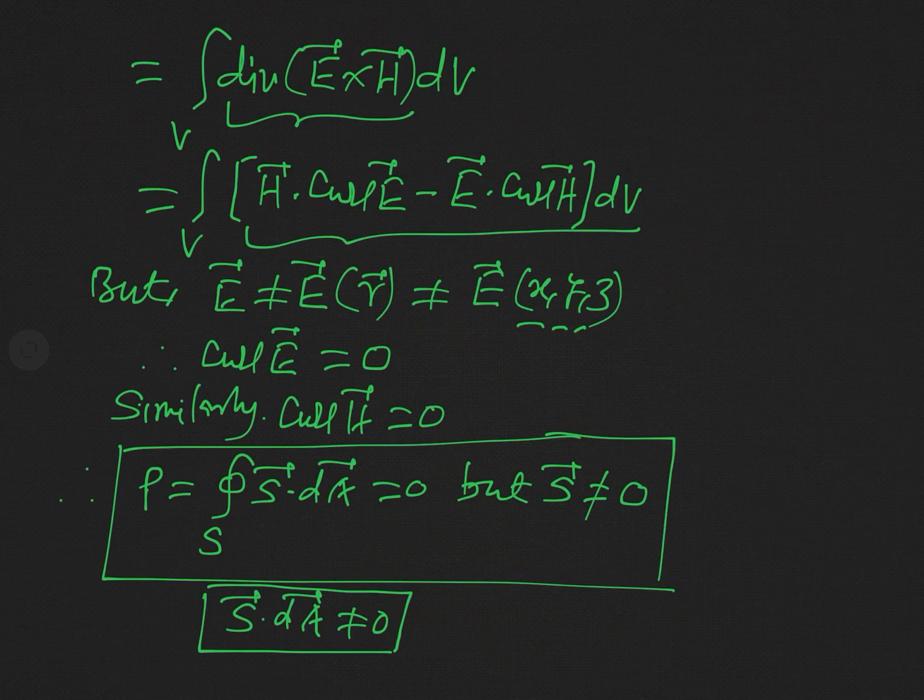So the flow of energy through an elementary surface is not very significant, but the flux of the vector S through a closed surface is significant. So this was a very important fact. Actually, there are some other important physical significances of this vector, but I would like to deal with those properties in the next lecture, and in the next lecture we will also see some important examples regarding the Poynting vector.